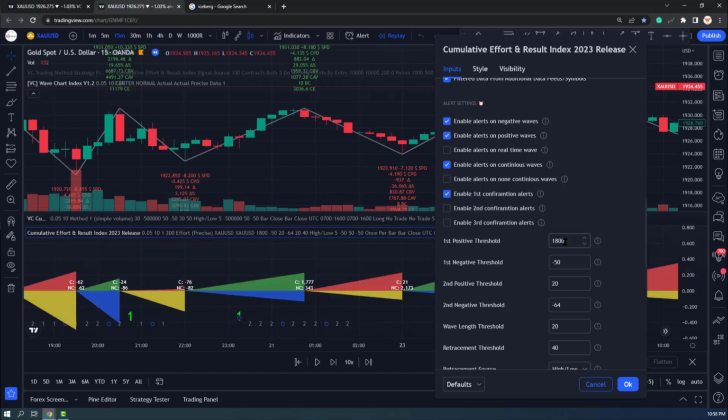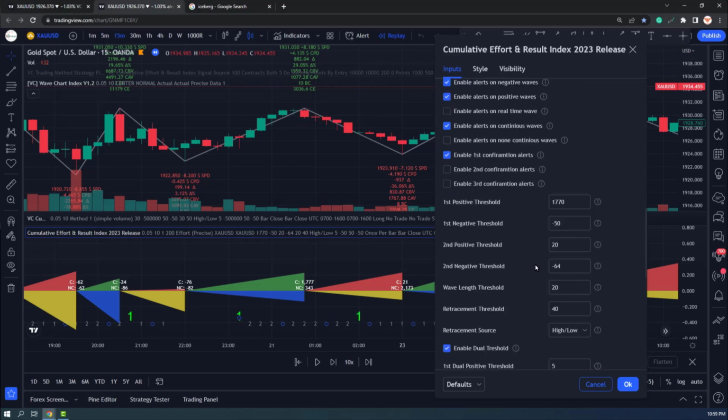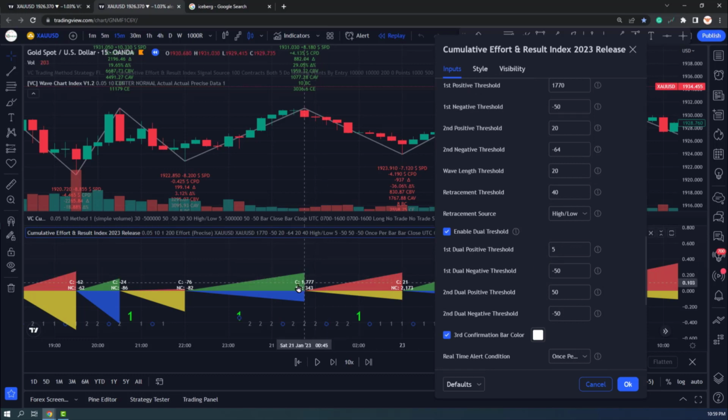If I reduce it to like 1770, it will appear again. Similarly, the non-continue comparison belongs to this dual threshold. 343 is already more than 5.